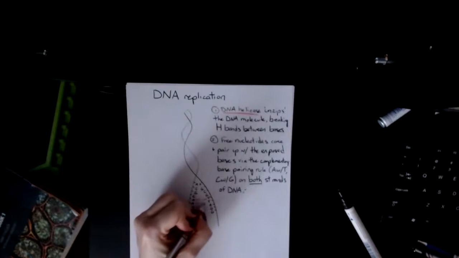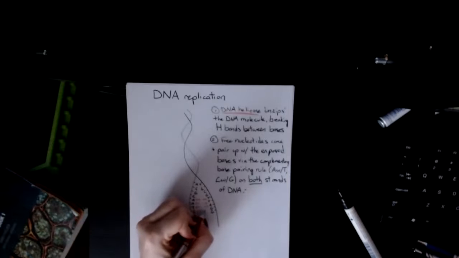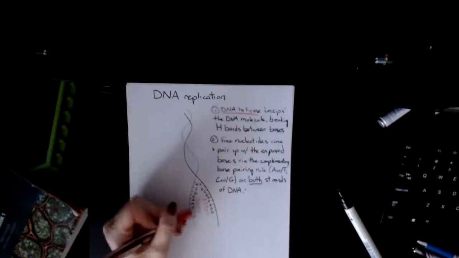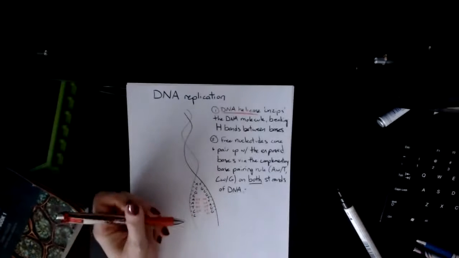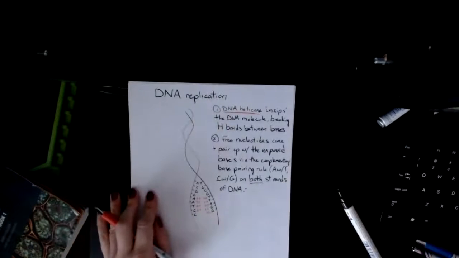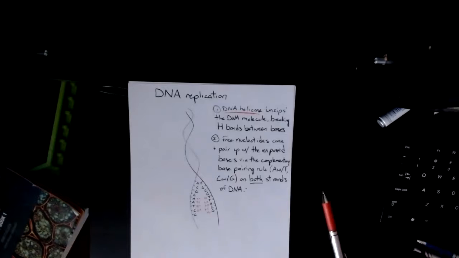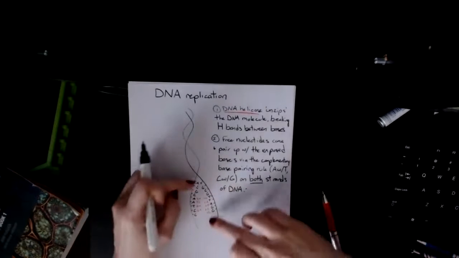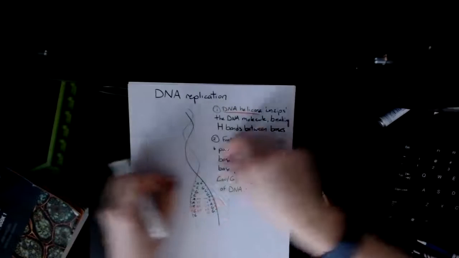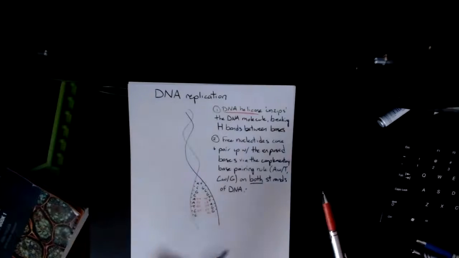You'd have, well, the complementary thing, I should say. One with an A, one with a T, one with a C, and another one with a C. So for example, these are the free nucleotides that are entering. And that's happening simultaneously on both sides of the DNA as it's being spread open by the DNA helicase.